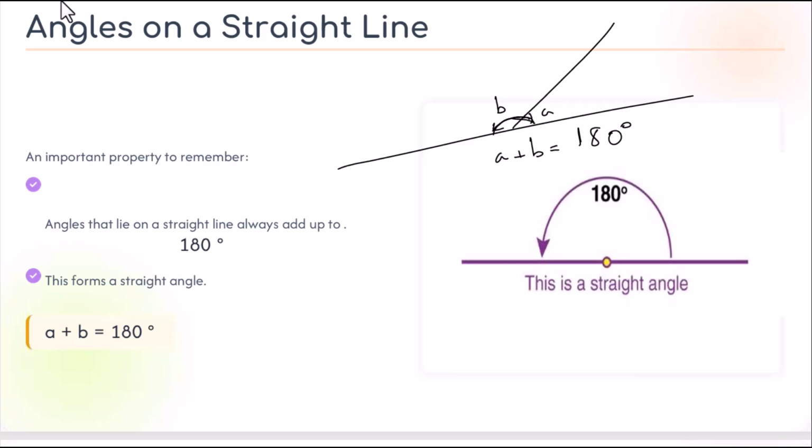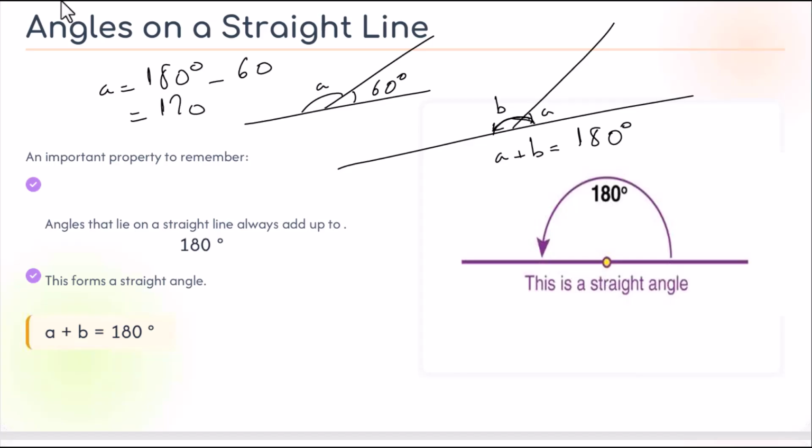Let's say this angle measures 60 degrees, and I'm looking for this angle A. So A equals 180 minus 60, which is 120.